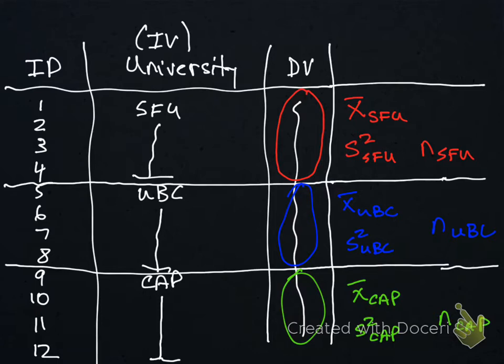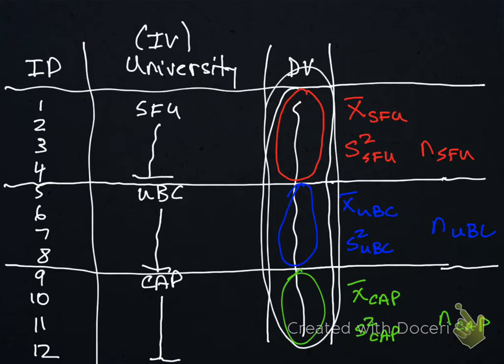But we could also imagine a scenario in which the grouping variables didn't really matter much. In other words, a scenario in which we treated all of these scores as belonging to the same population.